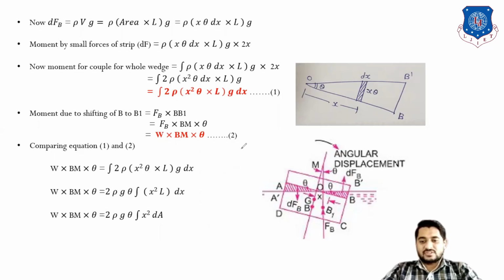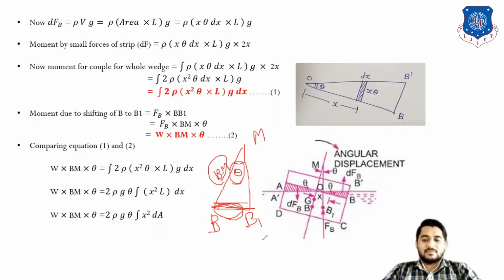Let us draw this triangle here: this will be M, this will be B, and this will be B1. We have to find the value of BB1. For this, this is angle theta, and this distance is the BM distance. So the opposite side will be BM into theta. That means BB1 is equal to BM into theta, right?